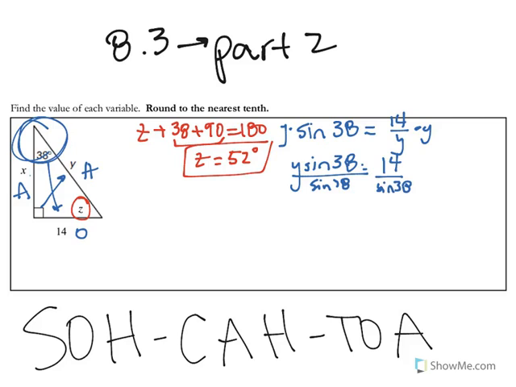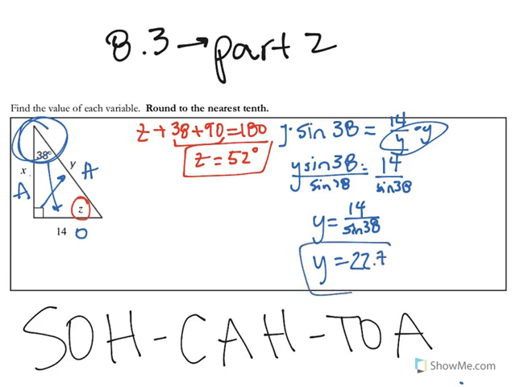You have to multiply whatever the denominator is to the other side. In this case, it was y, and I ended up having to do in my calculator 14 divided by sine of 38. And that's going to give me my correct answer of y equals 22.7. Okay, now that I found y, we want to find x.